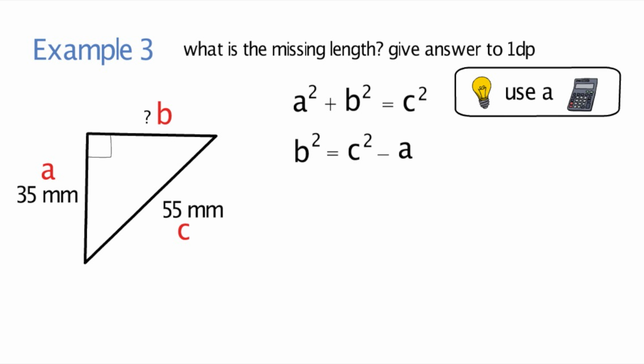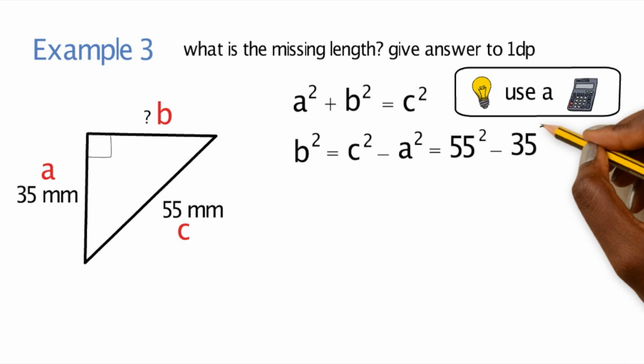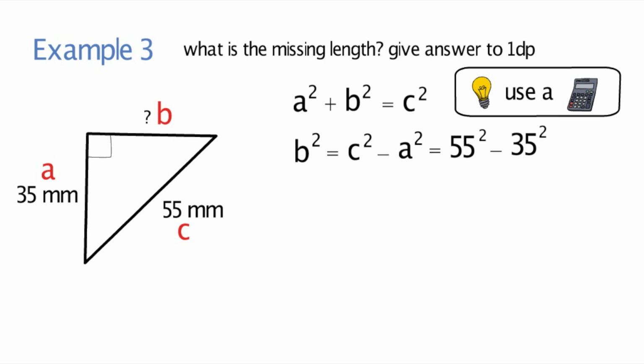So it would be C squared minus A squared, which is 55 squared minus 35 squared. And that would give you an answer of 1,800. Then to work out what B is, the last step is square root. So just always go by that pattern.